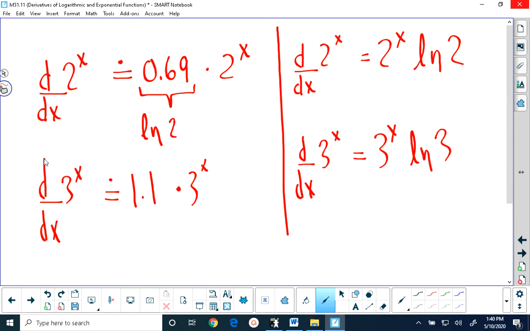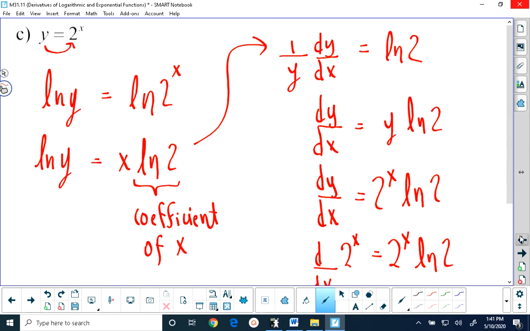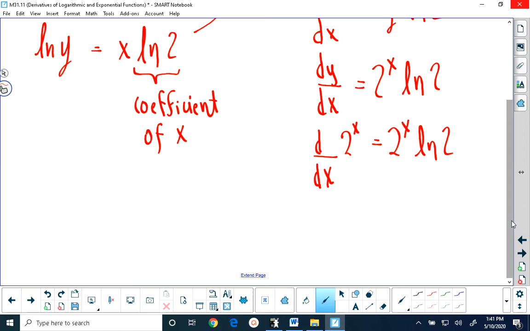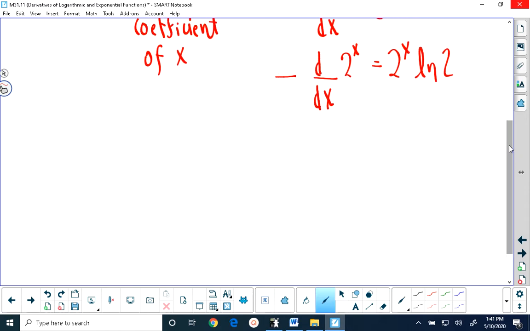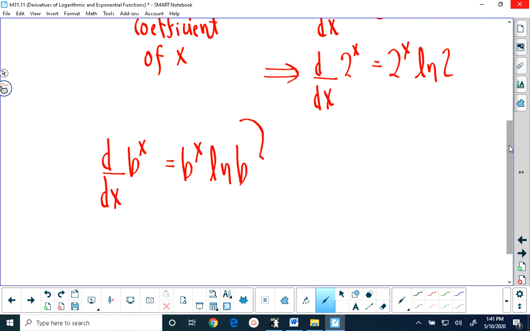Well, ln 3 will give you that 1.1. And that means, going back to C, yes, specifically, we have learned this in warm-up C, but what we have learned in general is the derivative with respect to x of b to the x is equal to b to the x ln b.